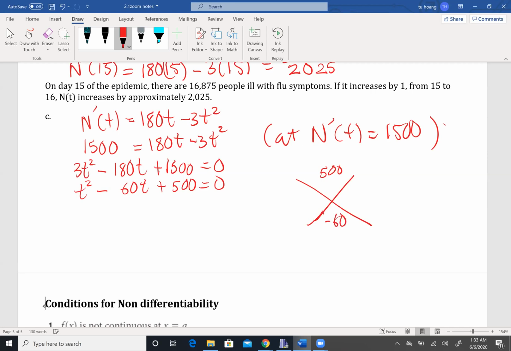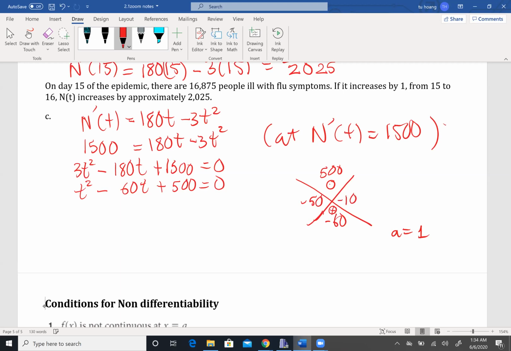Two numbers that multiply to 500 and add to -60. Also in here A equals 1, a special case. So it's going to be -50 and -10.